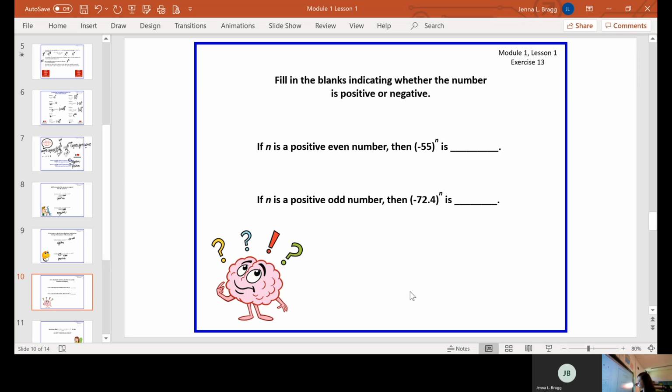So here's the rule. If n is a positive even number, then -55 raised to the nth power is positive. Even, positive, odd, negative. So if n is a positive odd number, then this result will be negative.